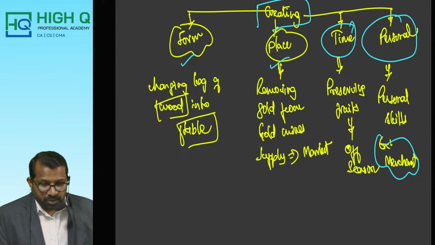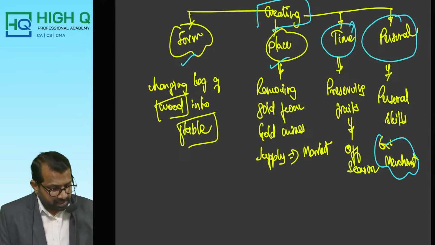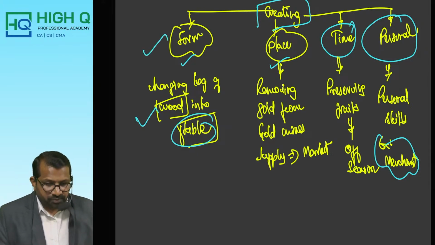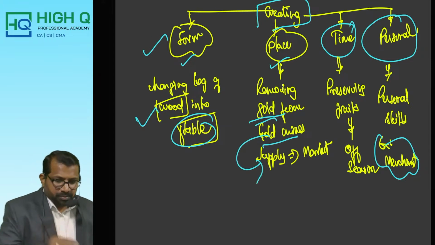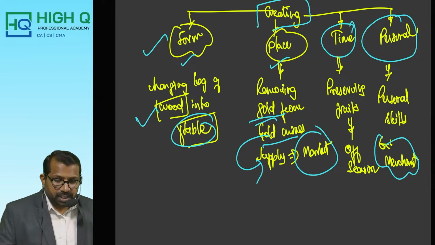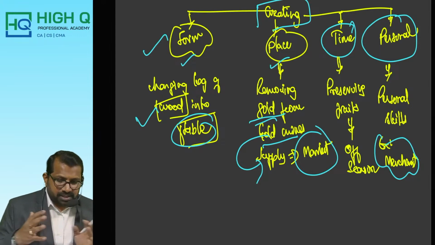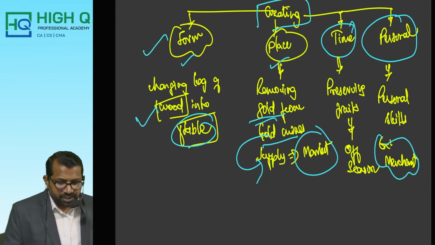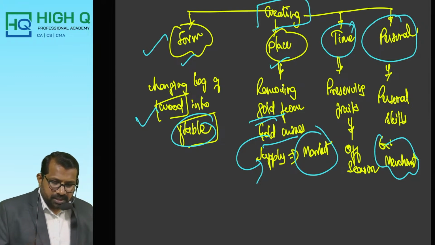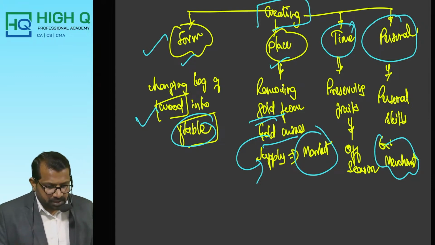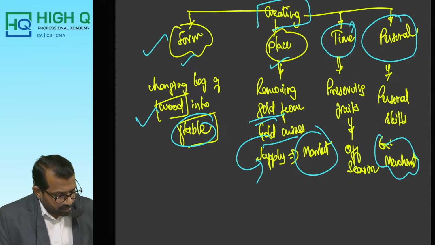So form utility, place utility, time utility, personal utility. Transforming one resource into finished product, form utility. Place, removing gold from gold mines and supplying it to the market, place utility. Time utility, preserving foods so that those fruits are available even during off season.